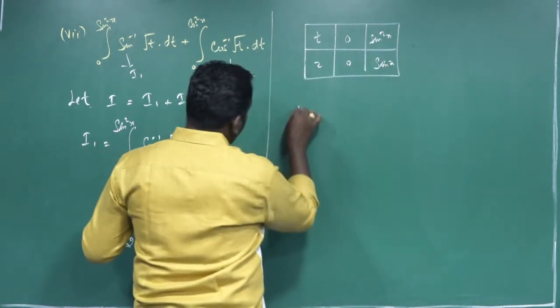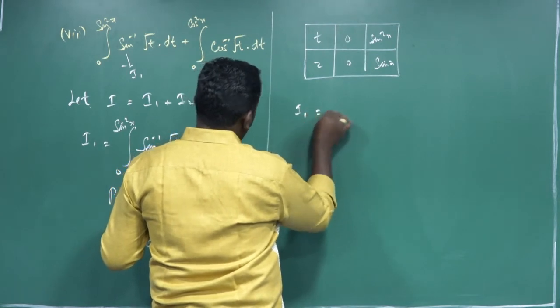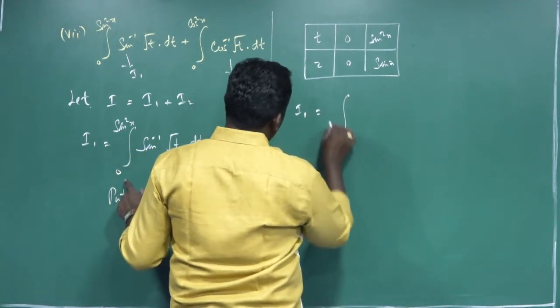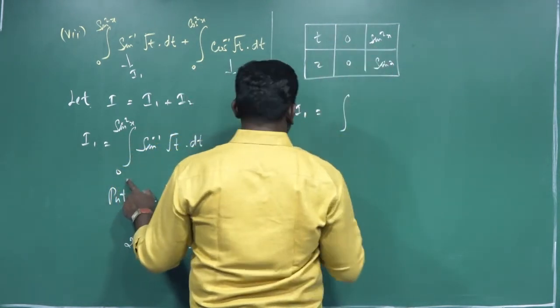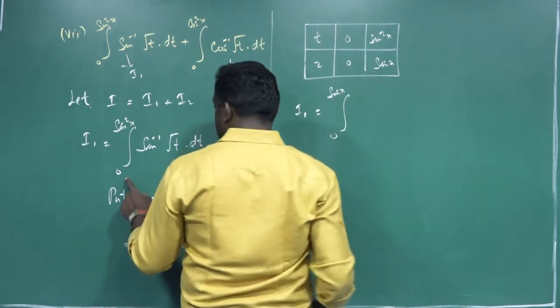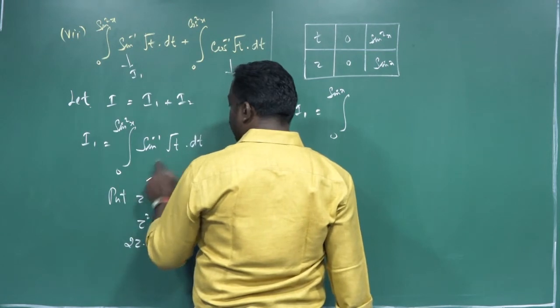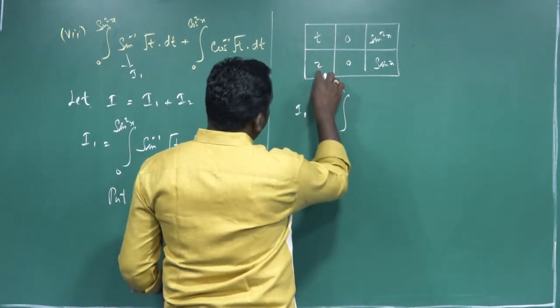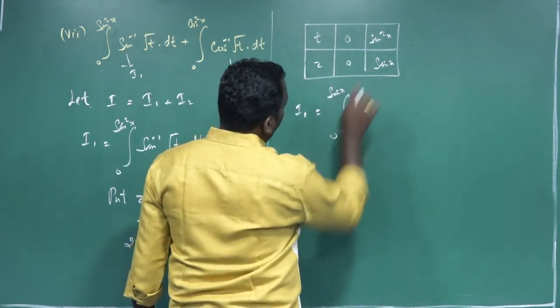Therefore, I1 is equal to the integral. Instead of 0 to sin squared x, we can write 0 to sin x. The t variable runs from 0 to sin squared x, but the z variable runs from 0 to sin x only.